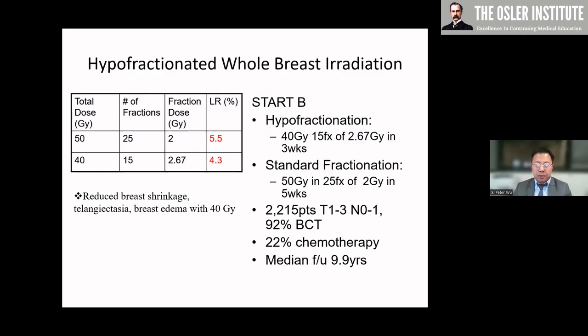Better outcomes, maybe numerically or statistically, no different outcomes, and improved side effects. This was also adopted here in North America because there's the option to add a 1 week boost onto this fractionation, and it became quite a favored regimen.